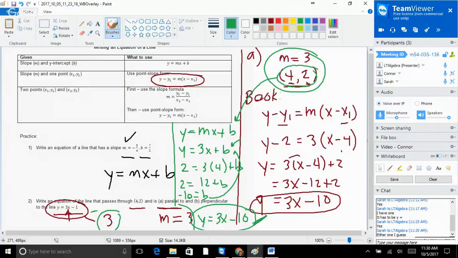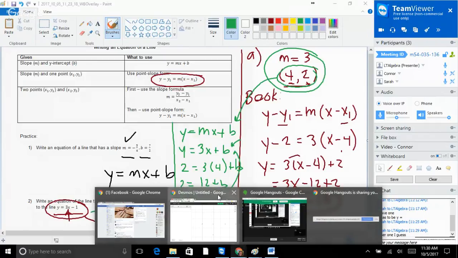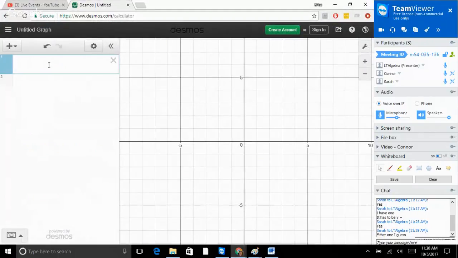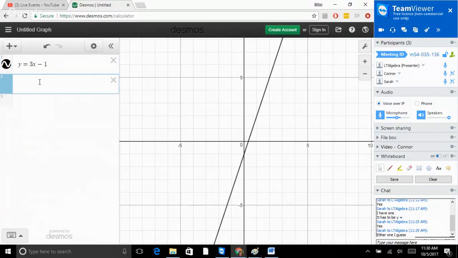Before we flip to perpendicular, let's go ahead and graph our original line and our new line that is parallel to it, just to double check that we actually did the right thing. So our original line was y equals 3x minus 1. Okay, and we said our new line is y equals 3x minus 10.